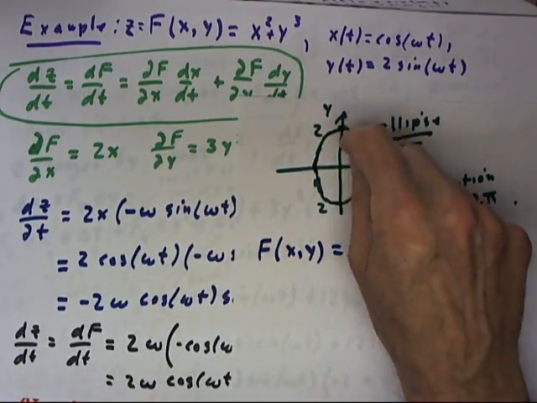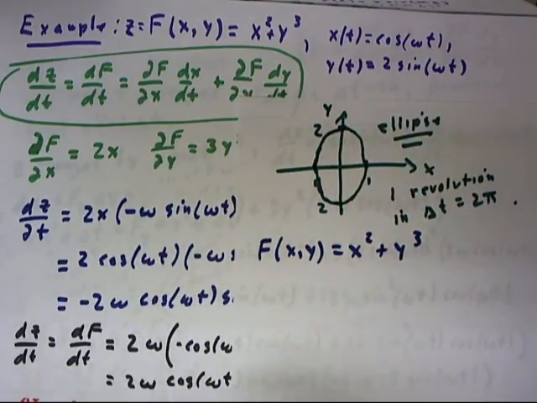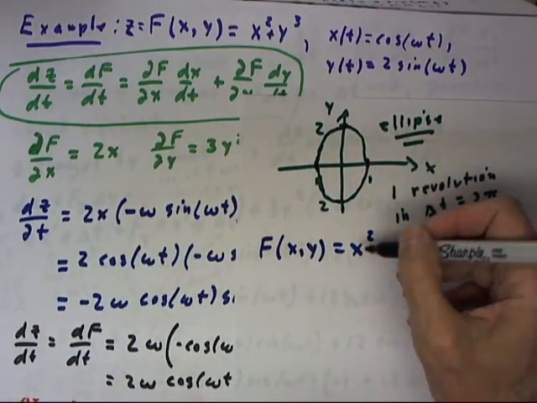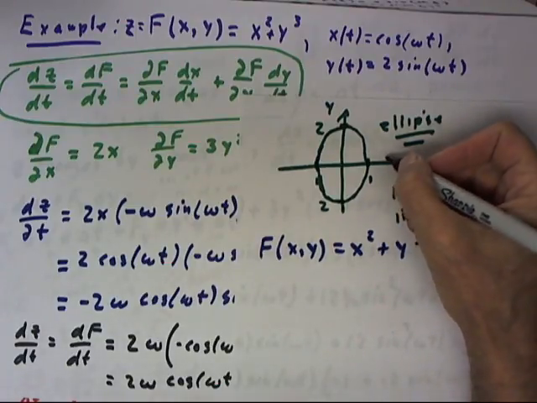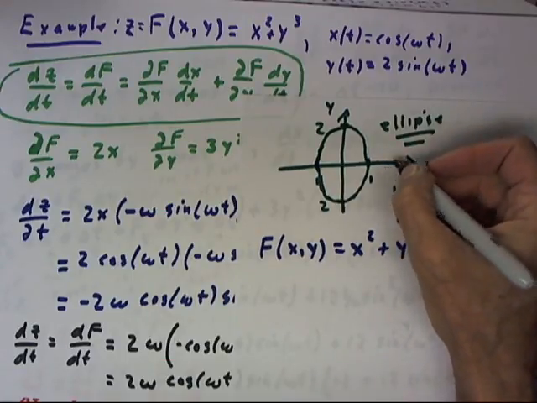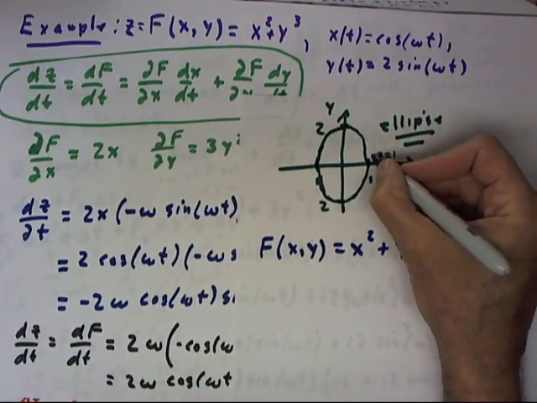By the time we get up to this point, y is equal to 2. Well, 2 cubed is 8. So we can write down just a few sample values of this function. At this point, x is 1 and y is 0, so that z equals 1.